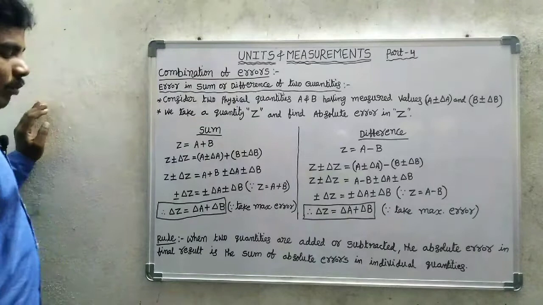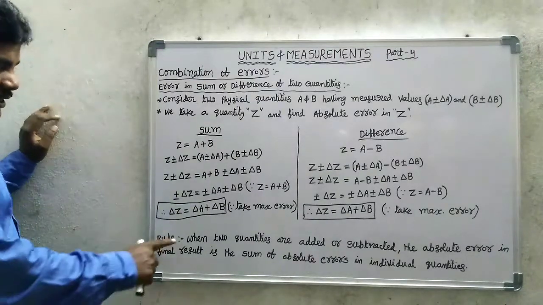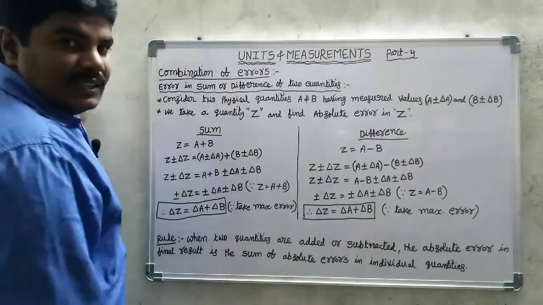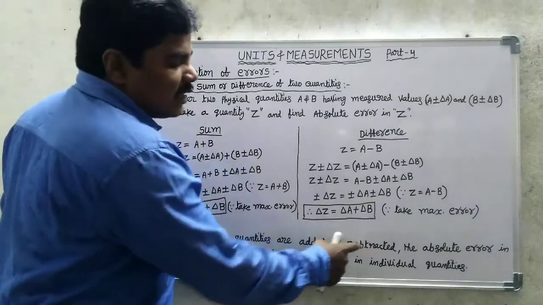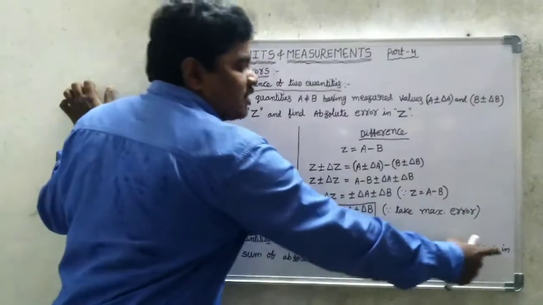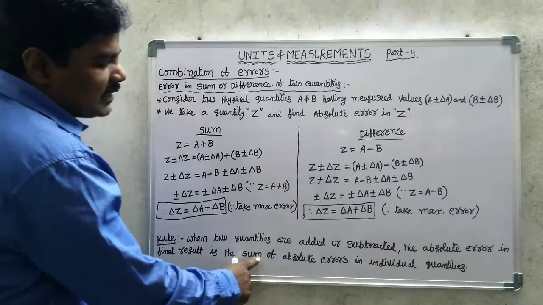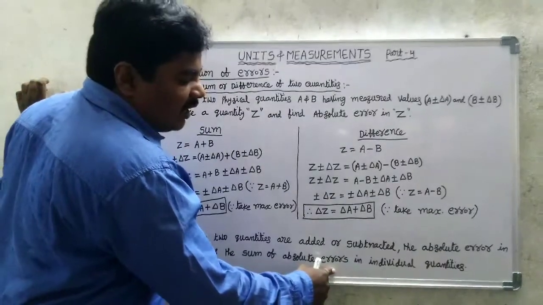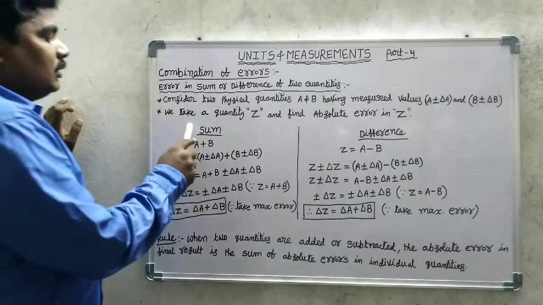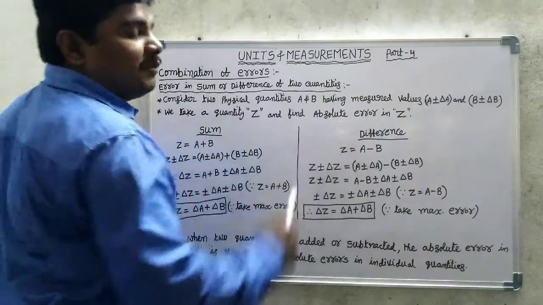So now the rule is, when two quantities are added or subtracted, the absolute error in final result is the sum of absolute errors in individual quantities. So is it sum or difference?